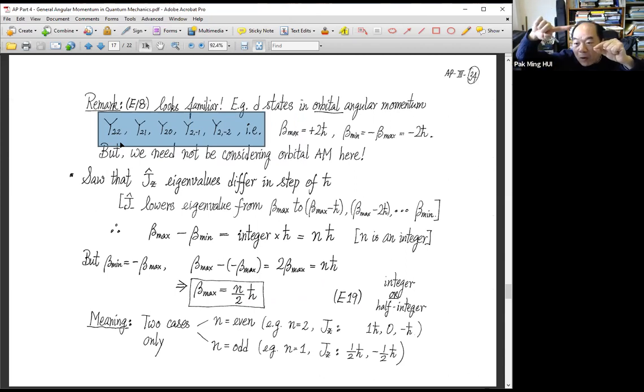They are in steps of 1 H bar: 2 H bar, 1 H bar, 0, minus H bar, and -2 H bar. So you have seen this case, maximum and minimum off by a sign. Okay? So that takes us back to the same picture.